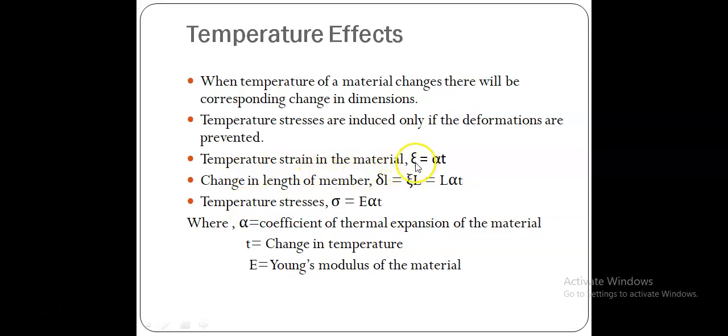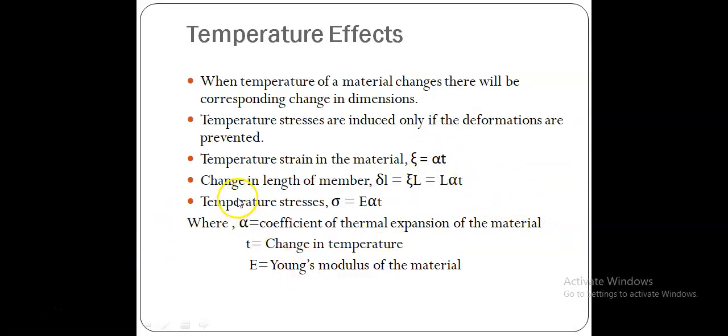That is, temperature strain epsilon is equal to alpha T. What is alpha? Alpha is nothing but the coefficient of thermal expansion of the material. T is nothing but the change in temperature.